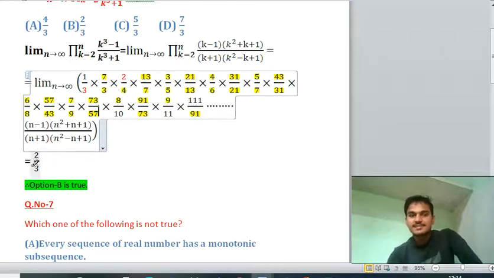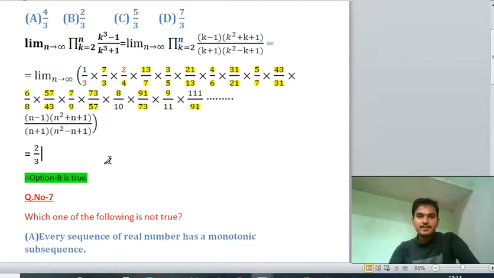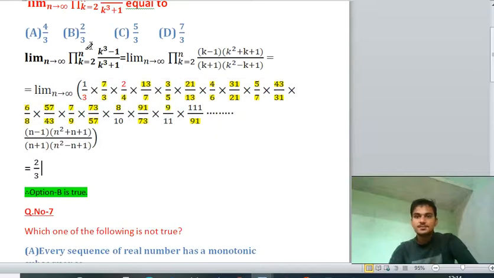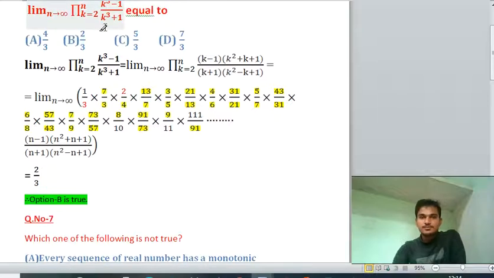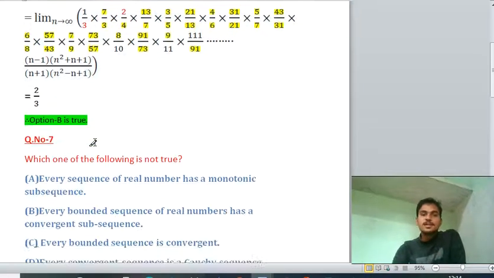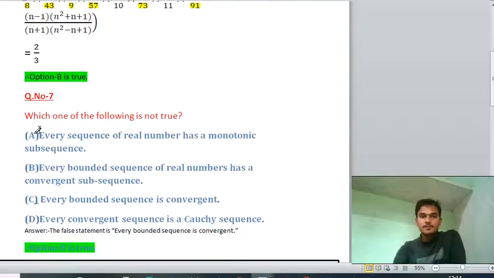So finally the answer is 2 by 3. You can observe this pattern carefully, and so option B is true. 2 by 3 is at option B, so option B is true.